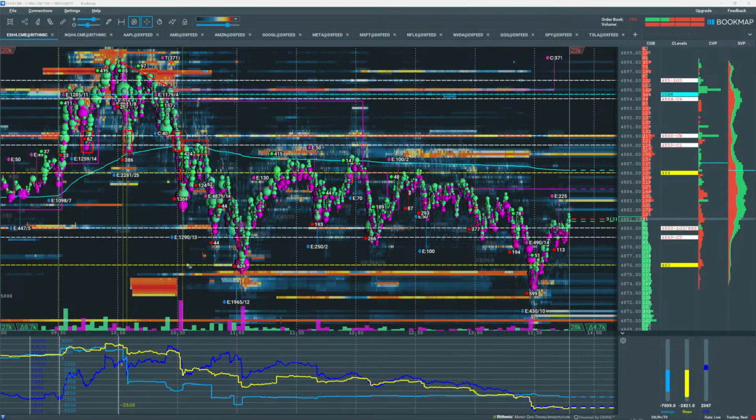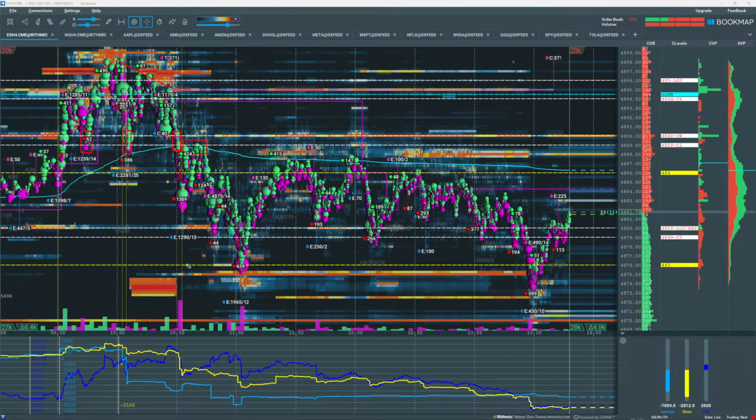All right, so those are the levels in play for the S&P 500. Note there is a difference in price between ES and SPX. And today it's right around 30 points. So ES minus SPX is 30 points.